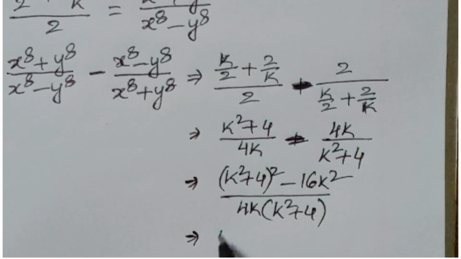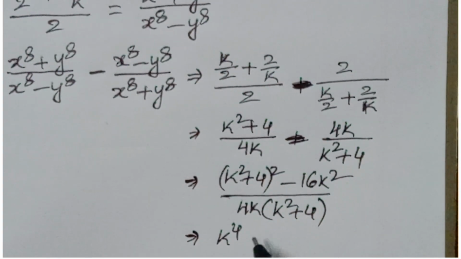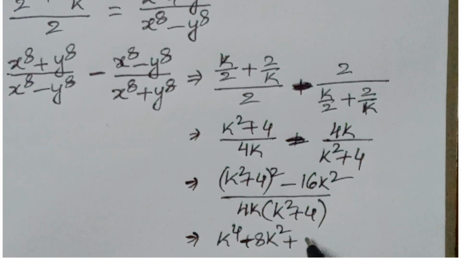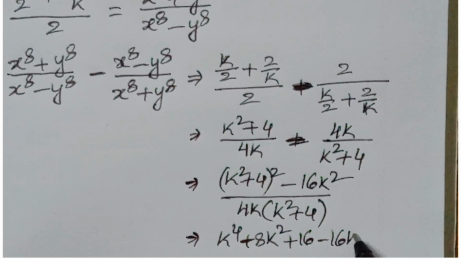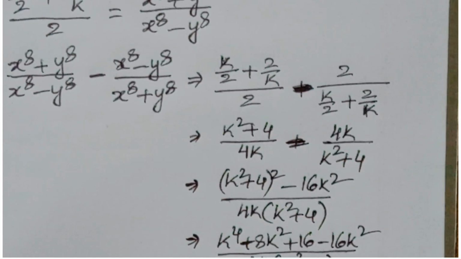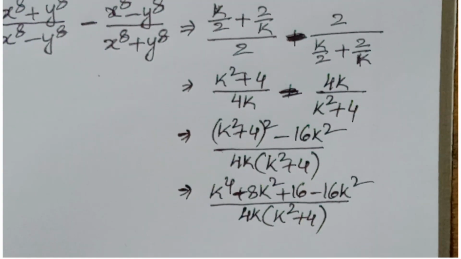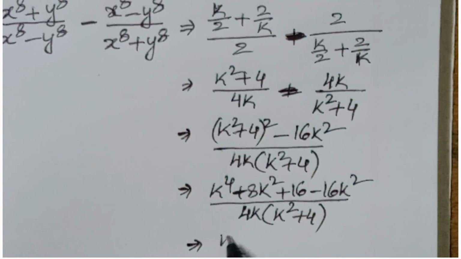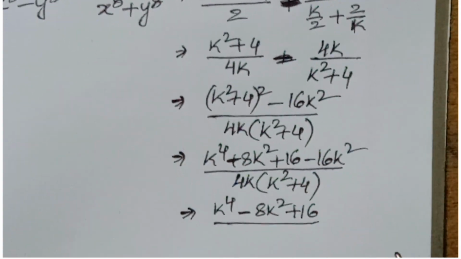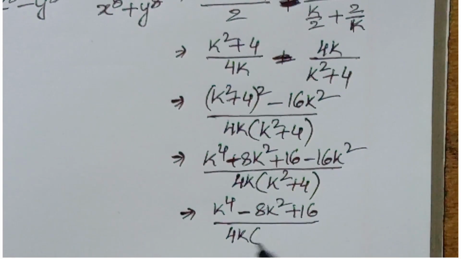If you expand this, k⁴ + 8k² + 16 − 16k² by 4k(k² + 4). So here you will get (k⁴ − 8k² + 16)/(4k(k² + 4)).